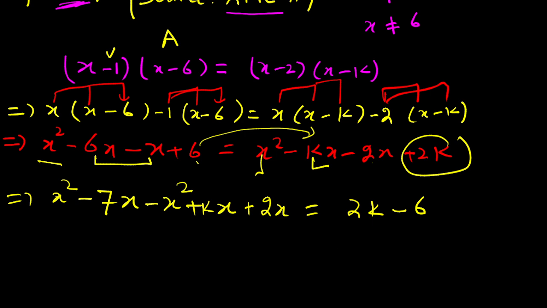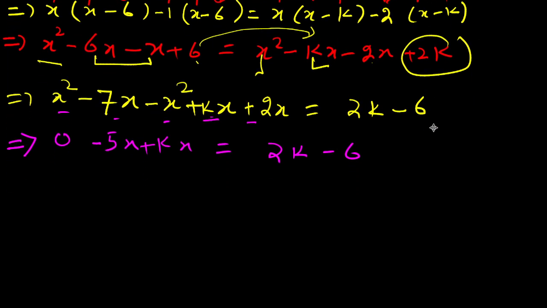So x square and minus x square, combining these two terms together, will produce 0 by additive identity. Minus 7x and plus 2x will be minus 5x, and this is plus kx. On the right hand side we have 2k minus 6, and the symbol on the left hand side is 'this implies that'.